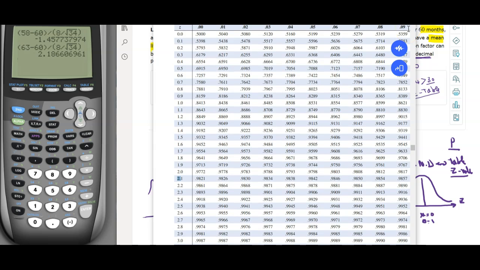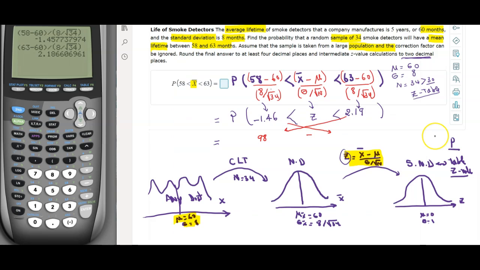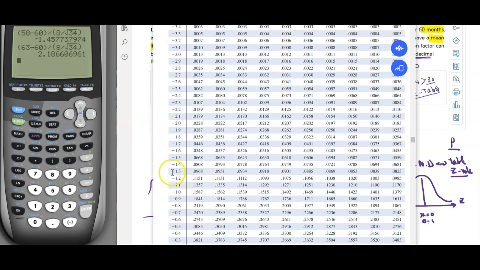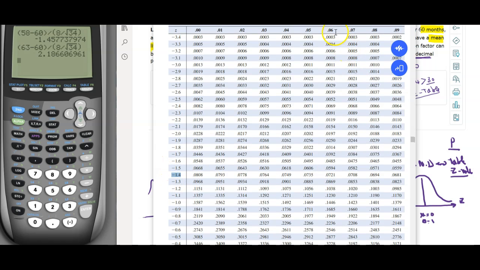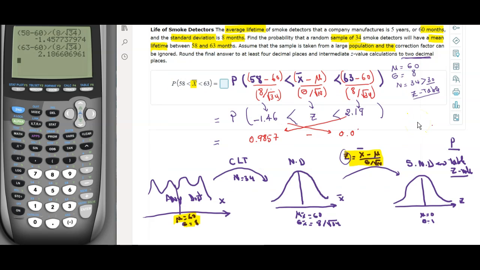The 9 is right here, and this is going to be 0.9857. Now we look for minus 1.46. Minus 1.4 is right here, and then we go all the way to 6, the column of 6. The intersection is going to be 0.0721.